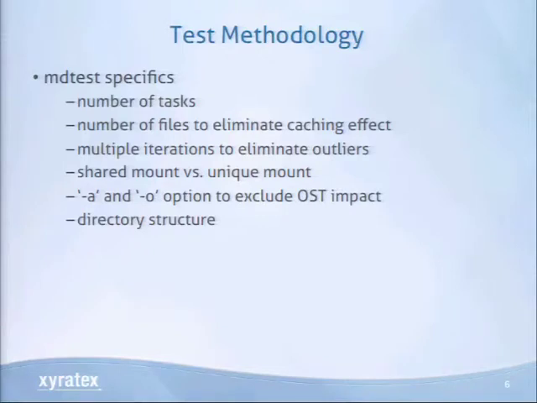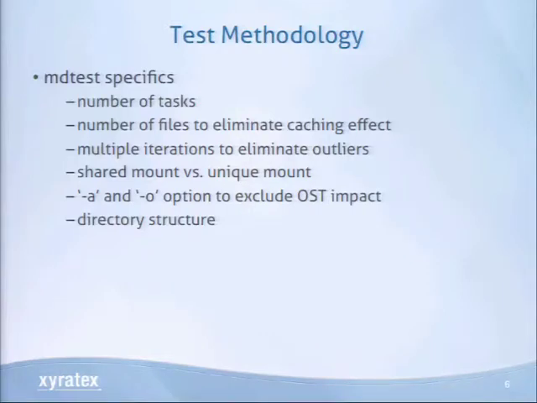The second one is the number of files. If you use tens of thousands of files, most of the operations are done in memory, and there won't be any disk IOs before the task finishes. So you want about 1 million files or 100,000 files to eliminate the caching effect.